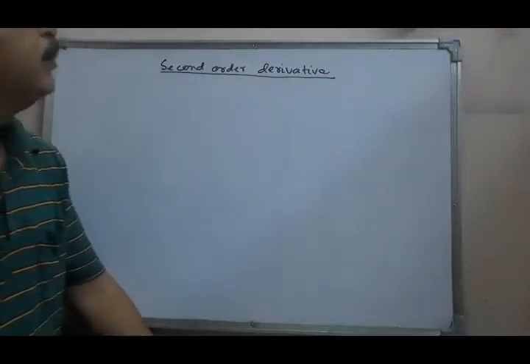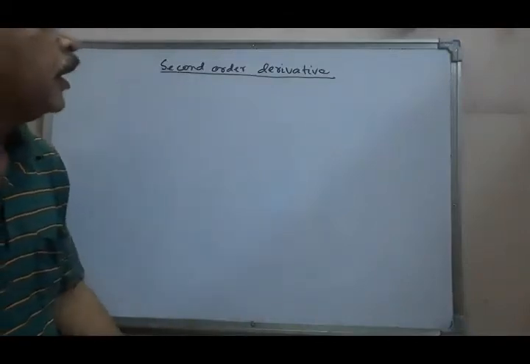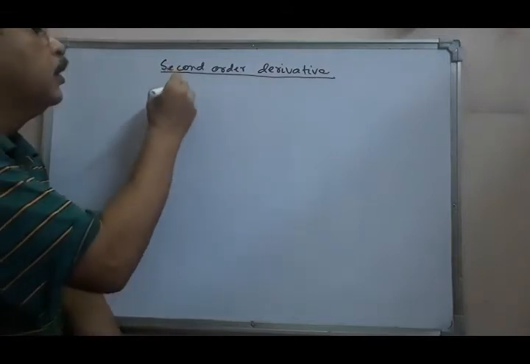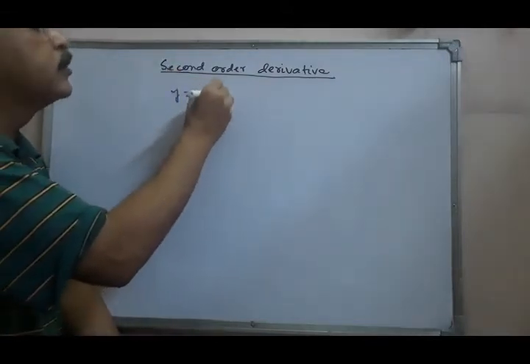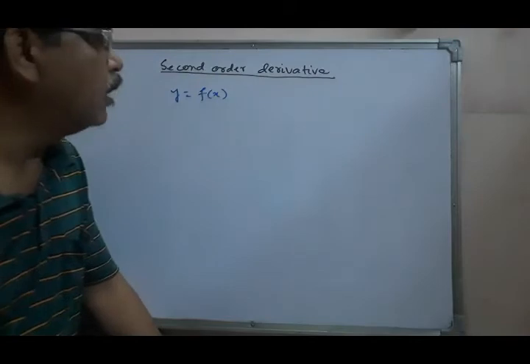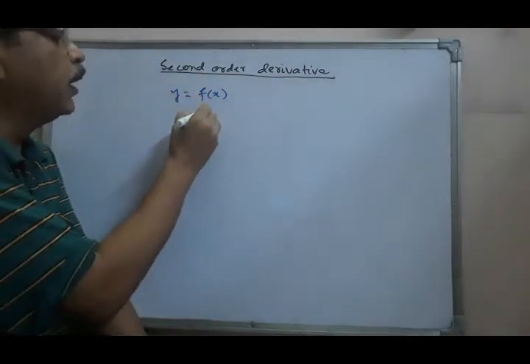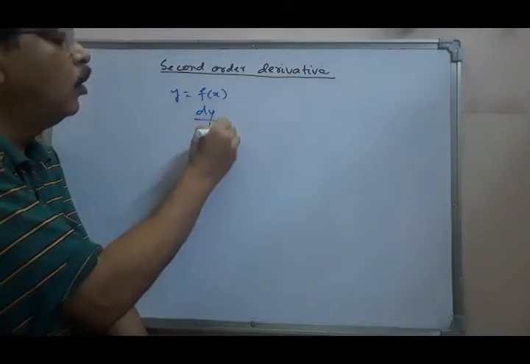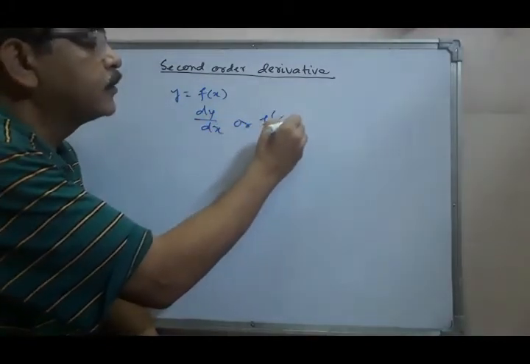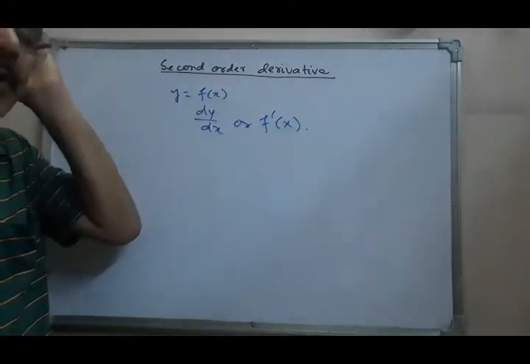Now we are discussing second order derivative. If y equal to f(x) be a differentiable function of x, then its first order derivative will be denoted by dy by dx or f dash x. This is the first order derivative.